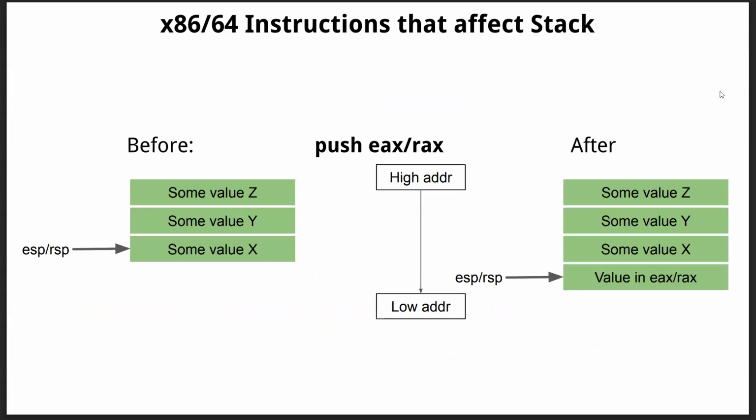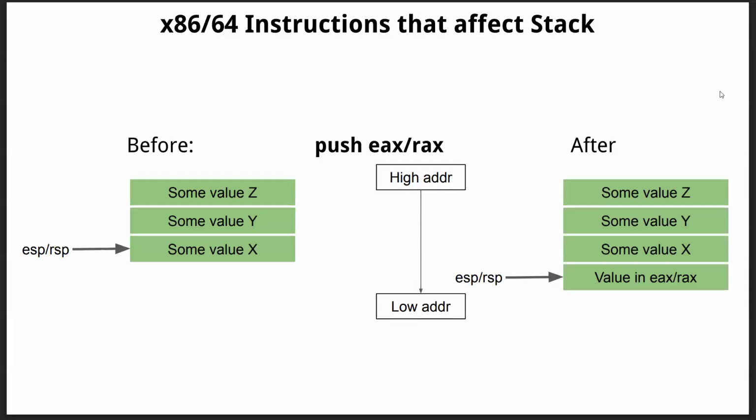There are more instructions, but I have some animations to help you understand this, because this is very, very important. Let's say this is a picture of the memory, and this is high address, this is low address. Right now, we are about to execute the instruction push EAX or push RAX. ESP or RSP points here, which means this is the top of the stack right now.